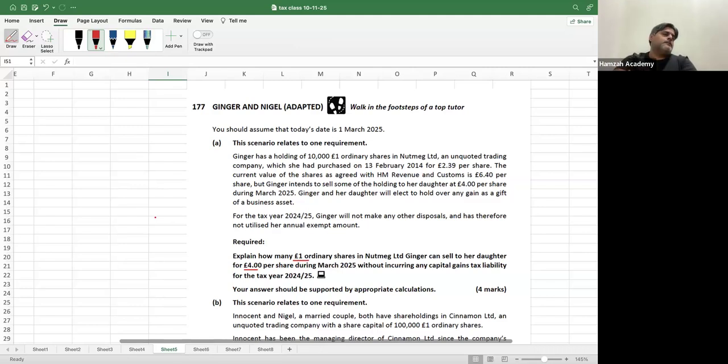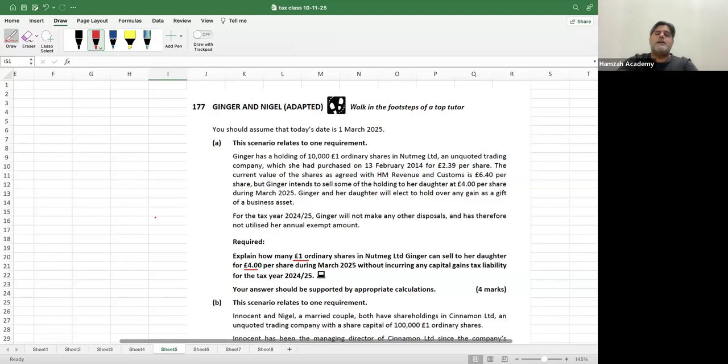Now, remember this thing where there is a disposal at undervalue, right? You are not straight away giving it as a gift, but you are disposing of it at an undervalue. Then part of the gain can be chargeable now and it cannot be held over or deferred, right?